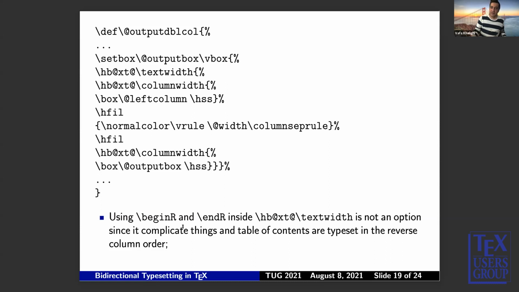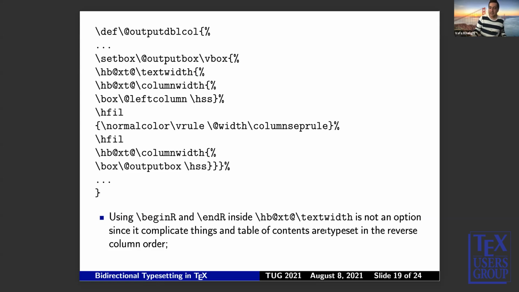You might wonder what happens if you use begin R and end R inside this construction. So what happens if I put begin R here and end R at the end of it? Well, I already told you that in Tabular that creates a mess. So it complicates things.